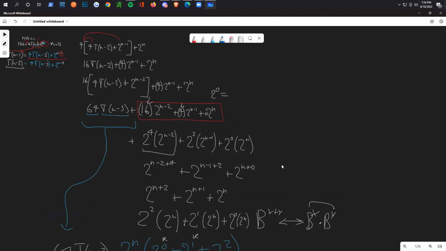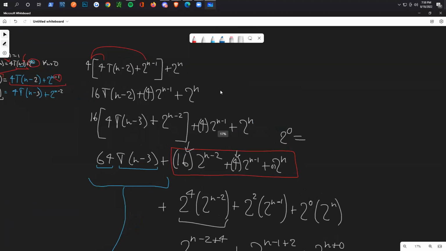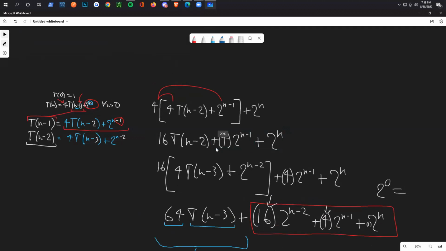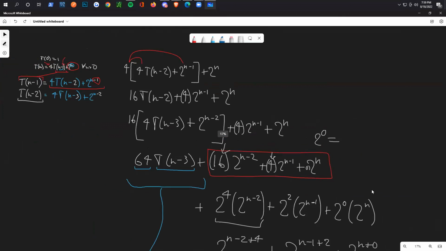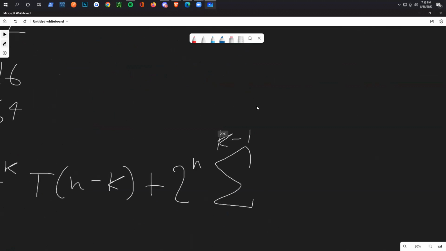And if we go back to when, I think it was right here, yeah, right here, when we had up to 2, this is actually going up until k is 1. So this right here would be your 2 to the 0. And then if you end up solving this out, this term right here would end up being your 2 to the 1. So now you're seeing as k changes, this summation is also changing. So it's bounded by k.